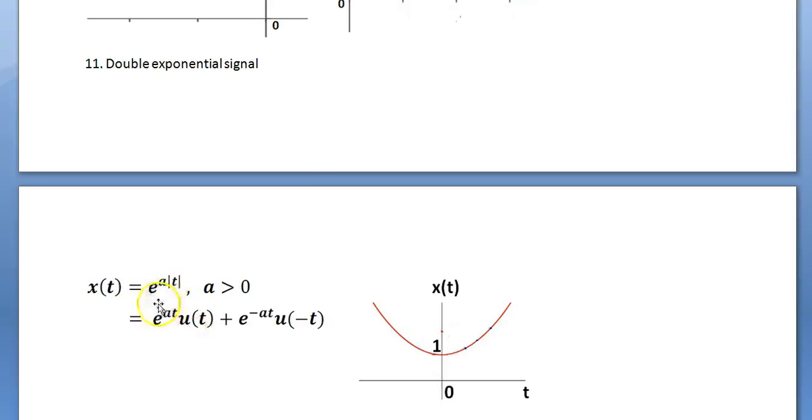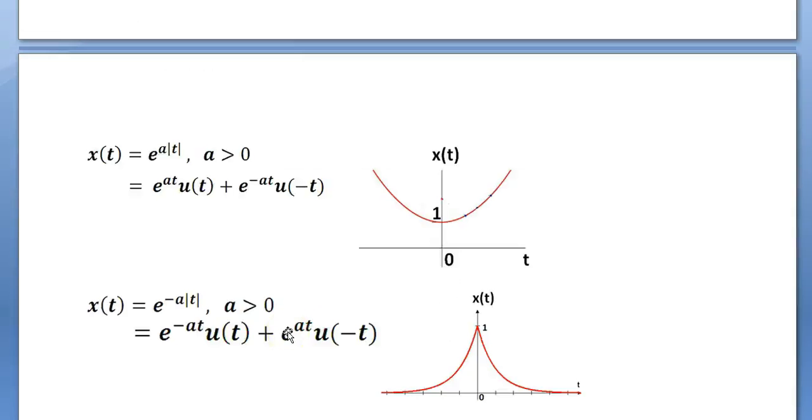This is the expansion of e power a mod t: e power at into u of t plus e power minus at into u of minus t. And this is another double exponential, e power minus a mod t, in this manner.